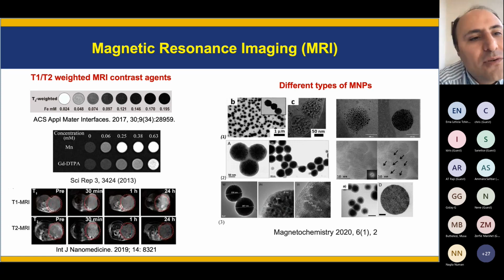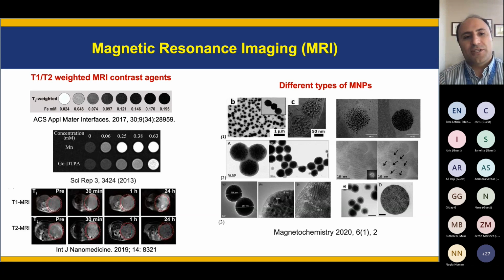As many of you know, we can use these nanoparticles for weighting of the MR images. We can do T1 or T2 weighted MR imaging, and it depends on the size of the nanoparticles that we are using. If we use super small nanoparticles, we can do T1 weighted MRI.